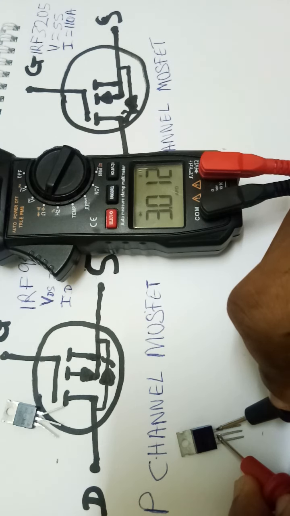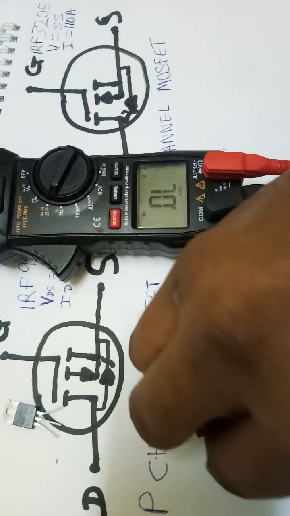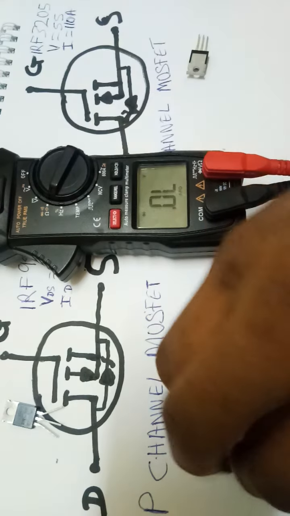The diode is not supposed to read when it is reverse bias. That means this is a bad MOSFET. This is bad. So we pick another N channel MOSFET.